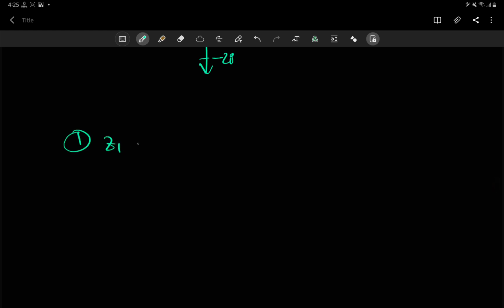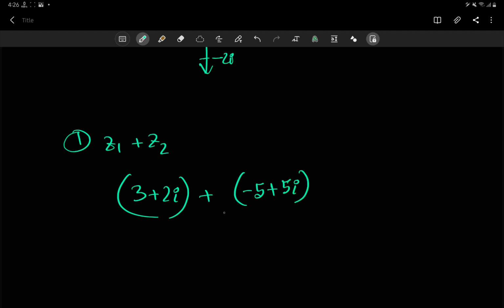Okay, so how do we add two complex numbers? For example, let me give you two examples. 3 plus 2i plus, let's say, minus 5 plus, I don't know, 5i. How do we add them?